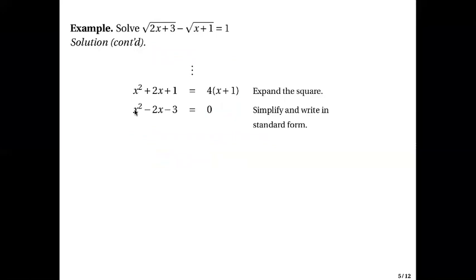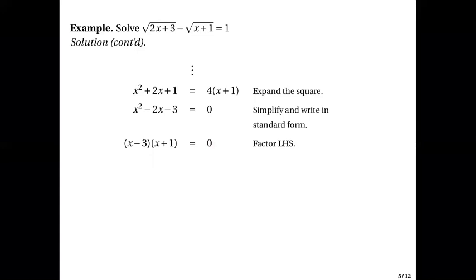And then this one, you can factor this. You can factor this into what? (x minus 3)(x plus 1). So you have this, (x minus 3)(x plus 1) equals 0.